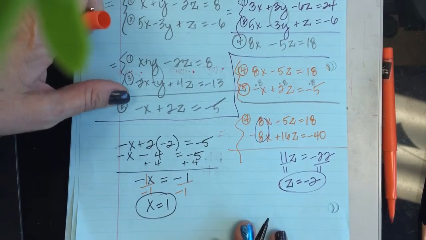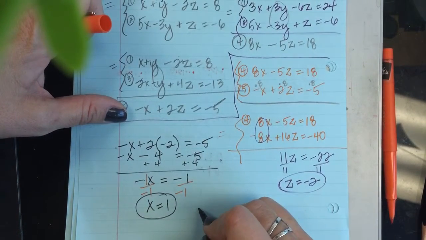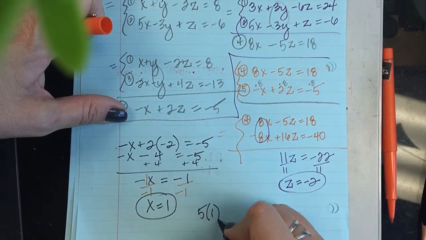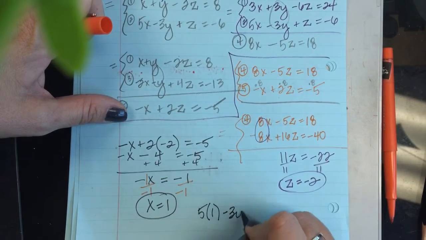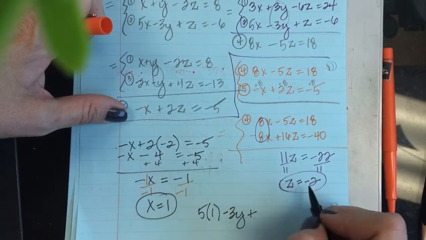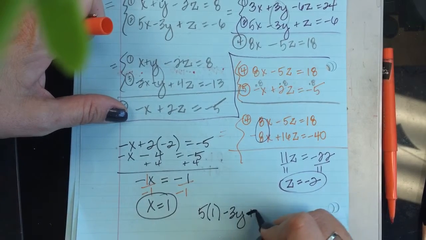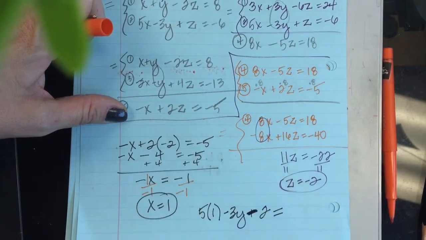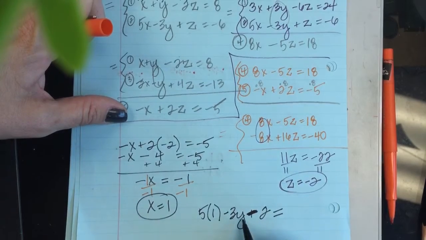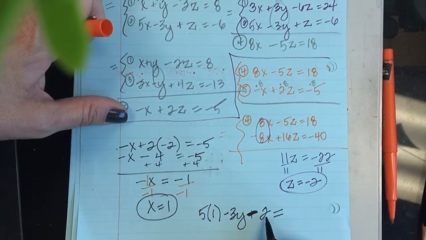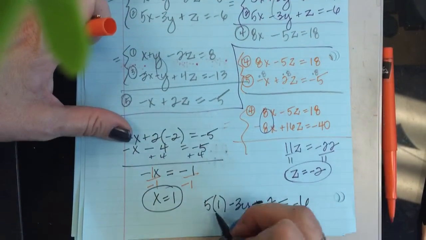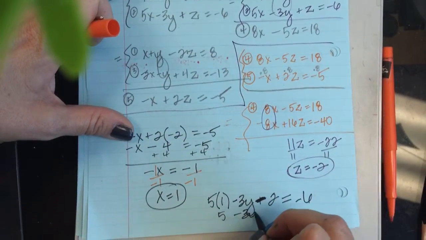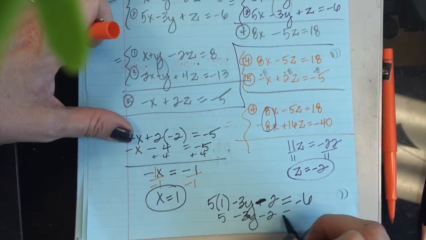I need my z. How about equation 2? 5 times the x, minus 3y's, plus z, which is negative 2, so minus 2, equals negative 6. The second equation, 5x minus 3y plus z, where z is negative 2, is negative 6. 5 minus 3y minus 2 equals negative 6.